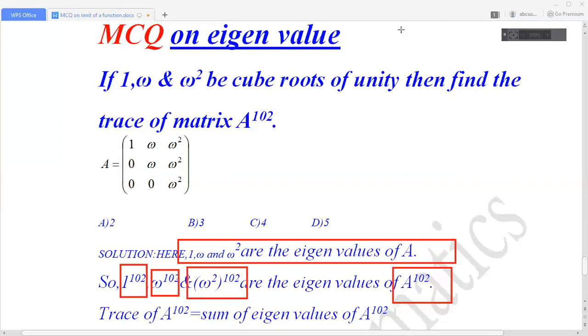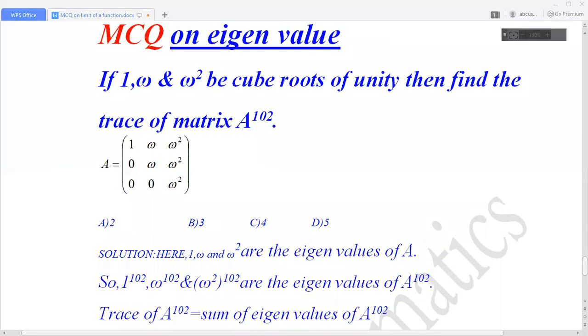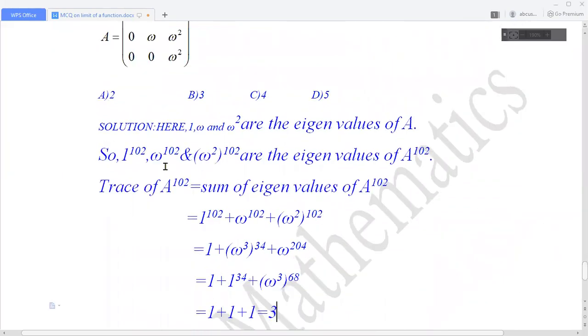We have already discussed that. Okay, and let's move ahead. Here 1 to the power 102, omega to the power 102 and omega square to the power 102 are the eigenvalues of A to the power 102. We are just going to find out the trace of this matrix A to the power 102, and we know the next property of eigenvalues: please remember that the sum of the eigenvalues is always equal to the trace of the matrix.